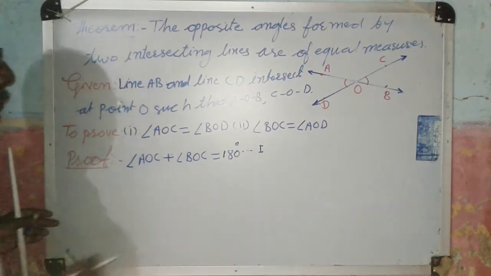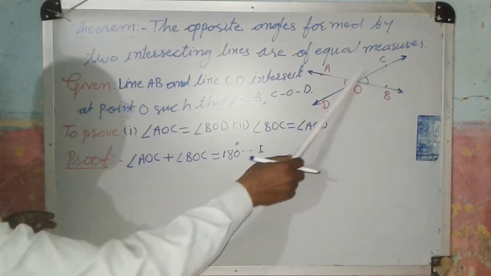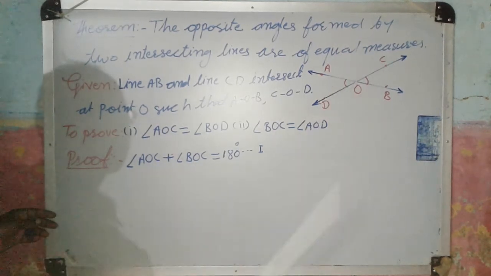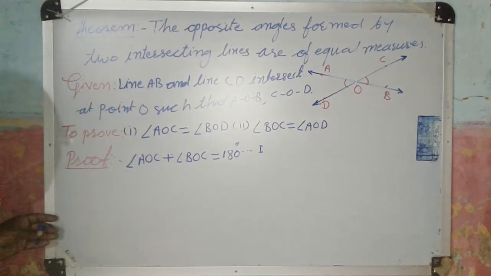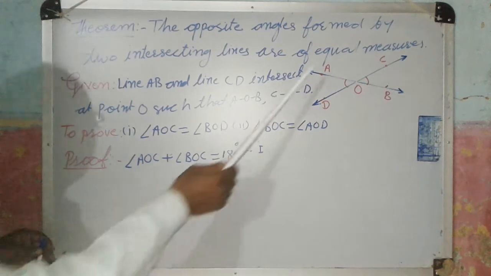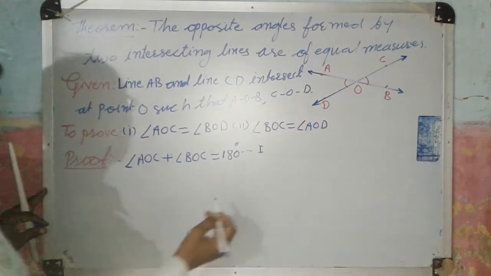Statement 1. Because these two angles are angles of a linear pair, and you know the property, the sum of angles in a linear pair is 180 degrees. So, angles in linear pair.